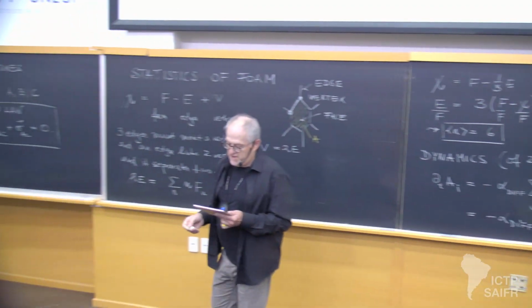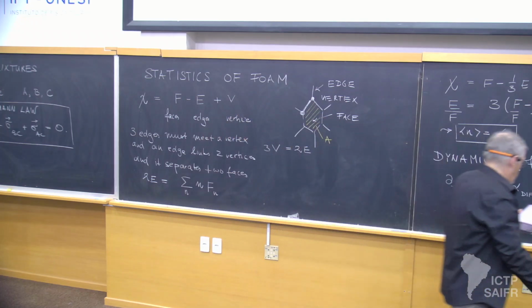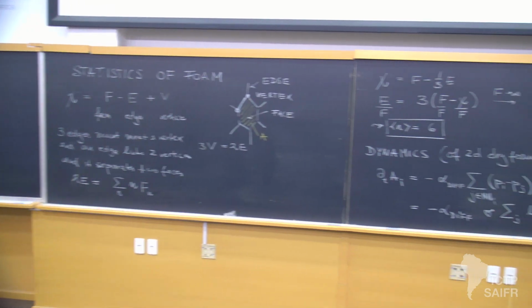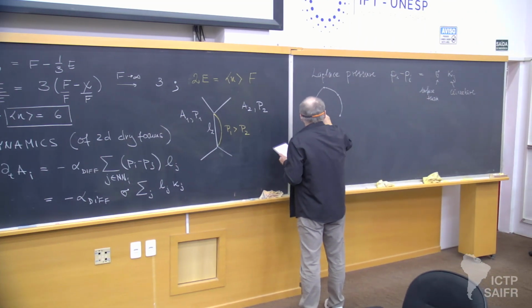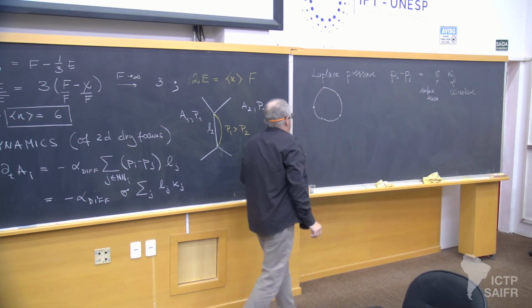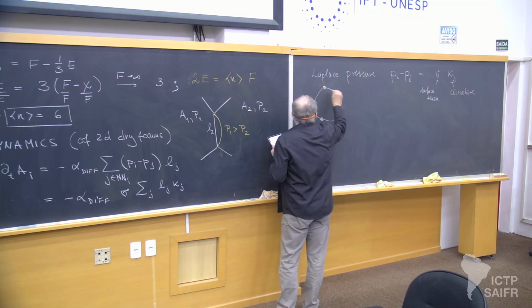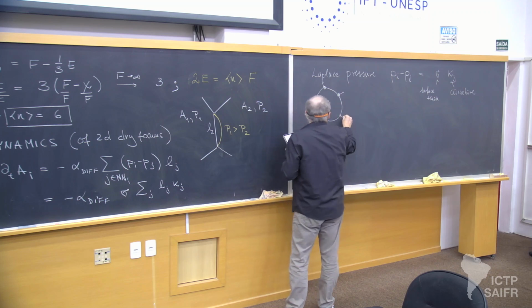Good. Now let's write this in a way that uses a feature of such a bubble. This will be curved because the pressure will bend these different film boundaries. Those here are vertices that connect this bubble to the neighboring cells.